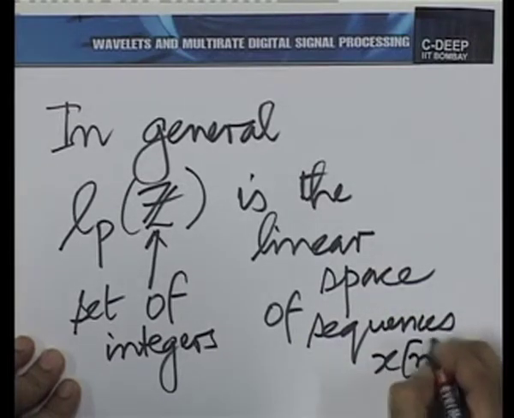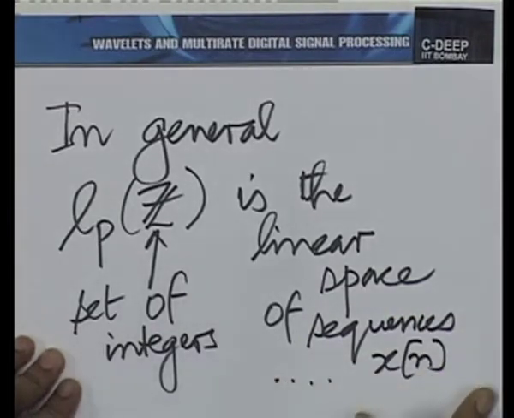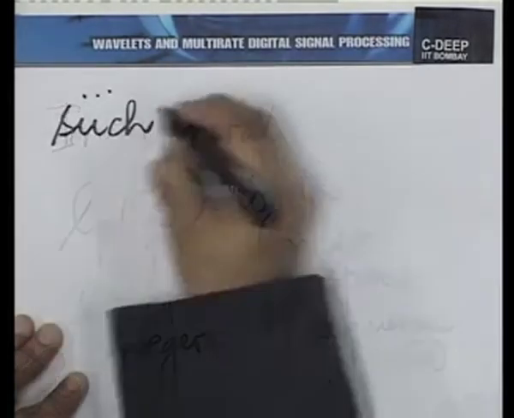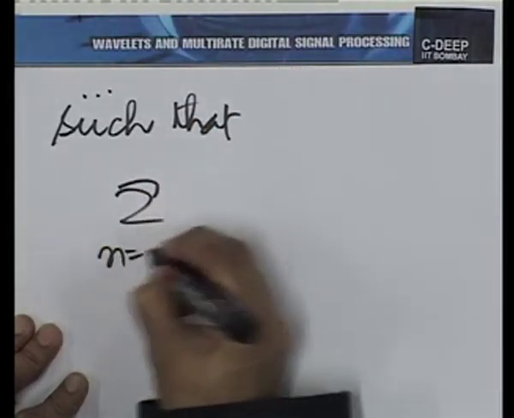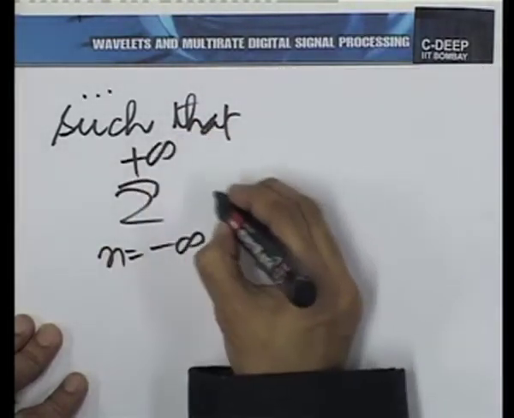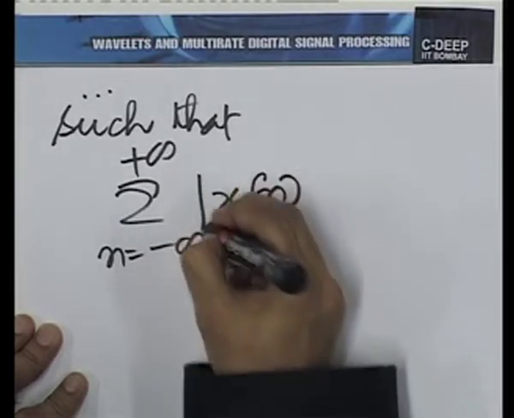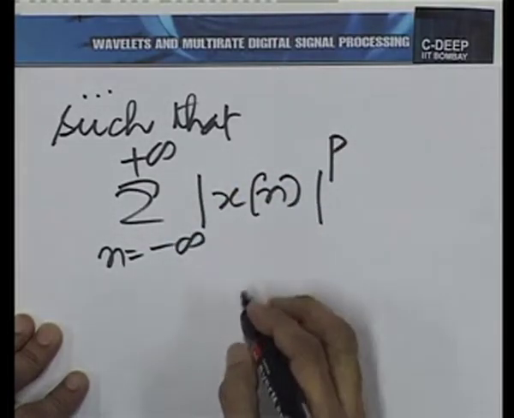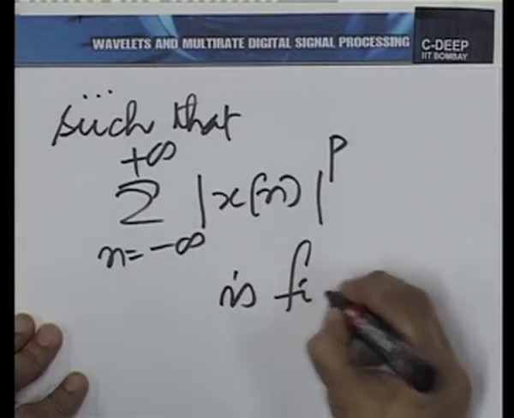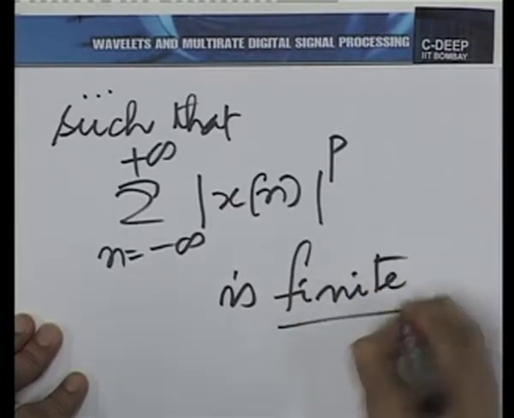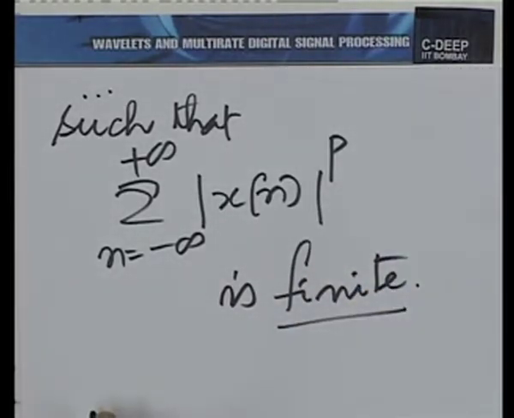Let the sequences be written as x n such that, so this is continued, such that summation n going from minus to plus infinity mod x n to the power p is finite. So, in particular, if you put p equal to 2, you get small L2z.